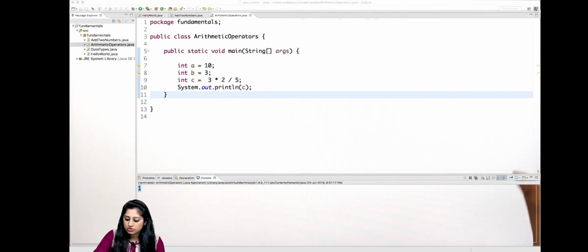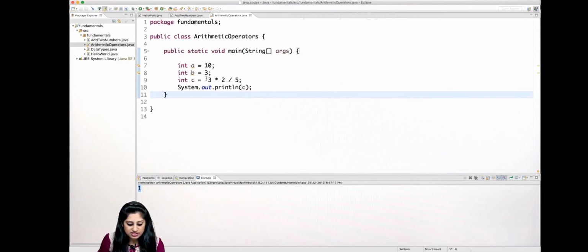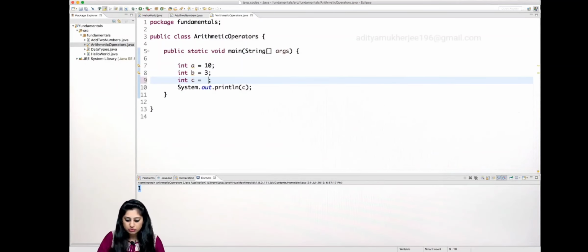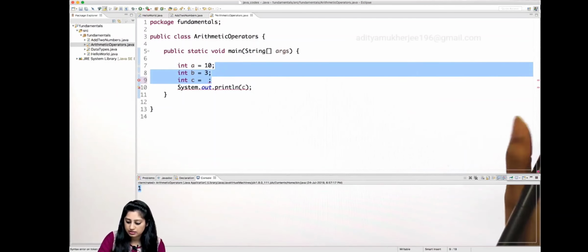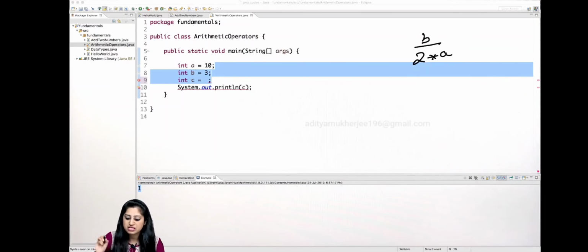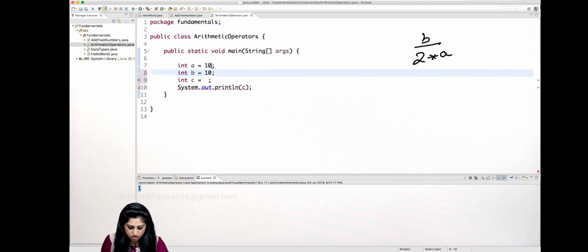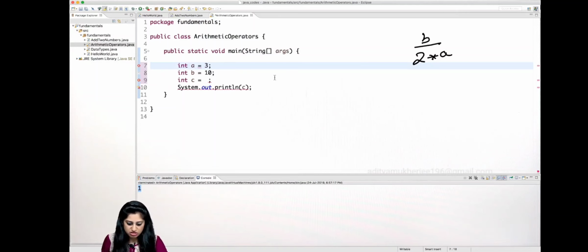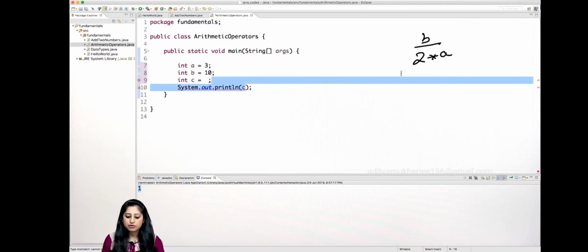Okay. So now let's say I want to do one simple thing. I actually want to write an expression like this, B by 2A. So this is what I want to do, and I'll change values first of all. Let's say A is 3 now, maybe, and I want to do 10 by 6 effectively.